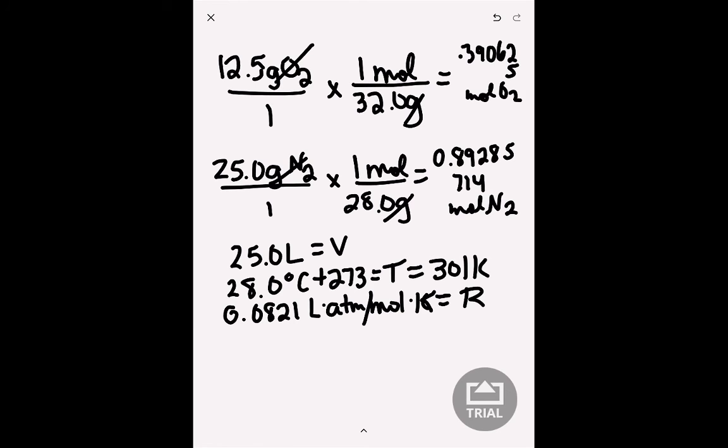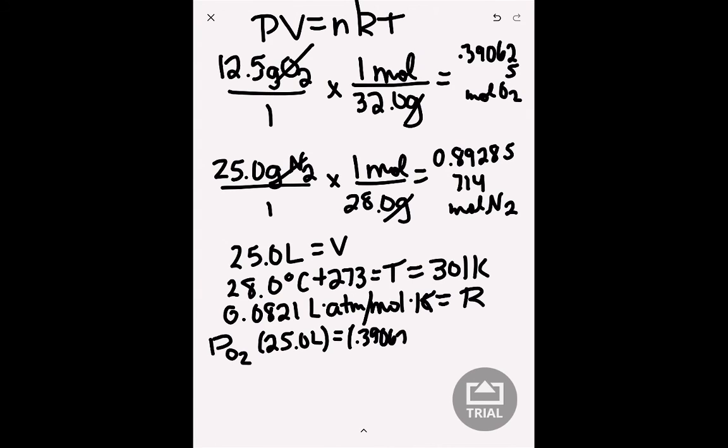Okay, so let's start substituting in. I'm going to write my equation up here at the top. PV equals nRT. Okay, so my pressure is what I'm looking for, and let's go ahead and do oxygen first. Volume is 25 liters. N for our oxygen is 0.390625 moles. R is our 0.0821.